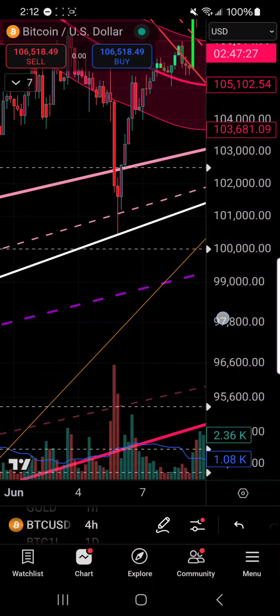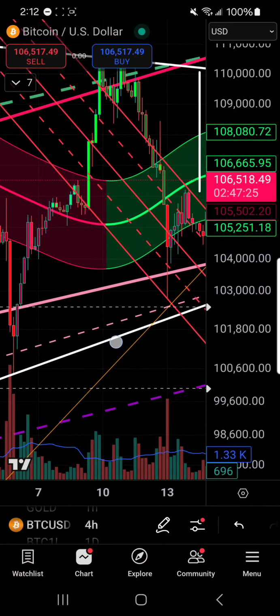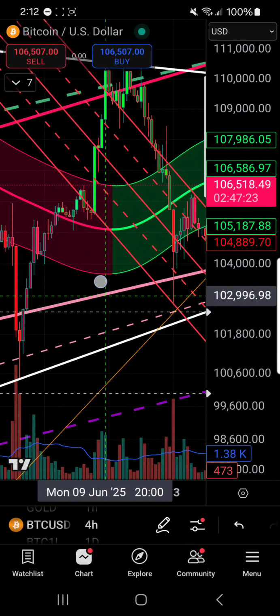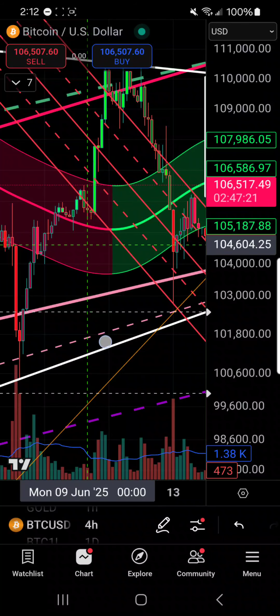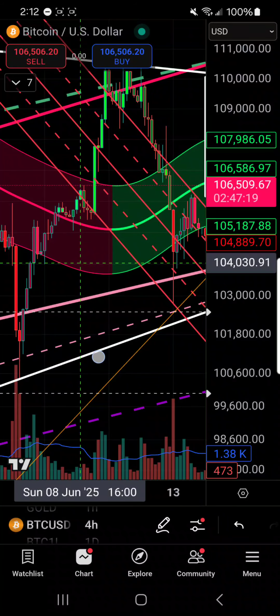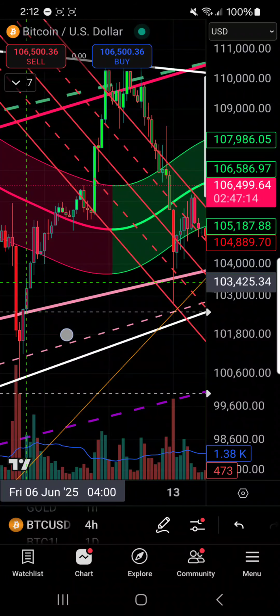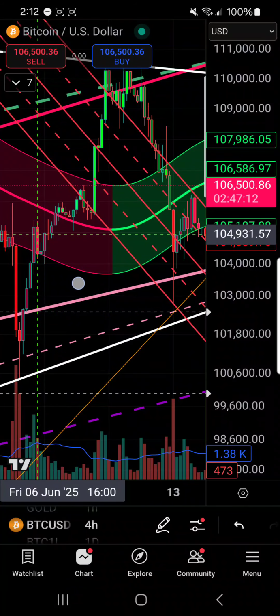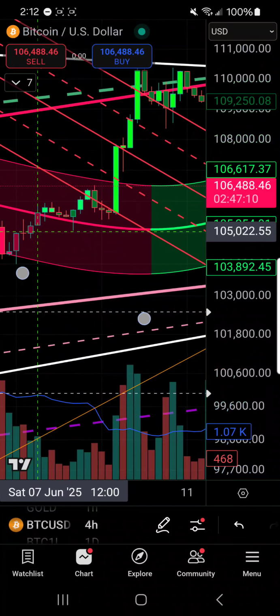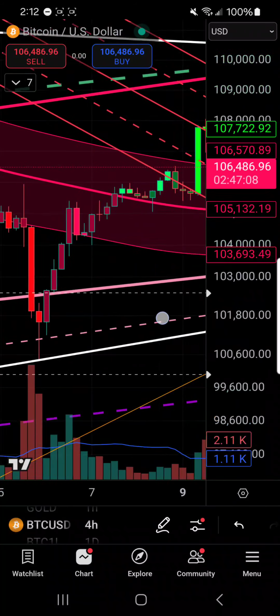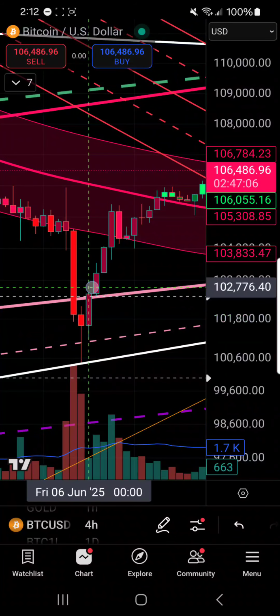Okay, that's where we just were, and then back here. No. Oh, this must have been it right here, because we started moving up here. I missed this for some reason. I didn't buy in here.